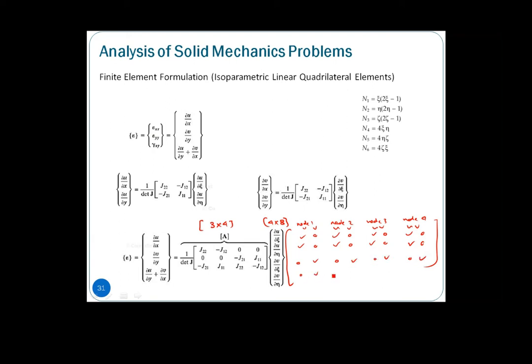Same with del V, del eta. So here basically gives us a 4 times 8 matrix. So 3 times 4, 4 times 8, basically gives us our epsilon equals B U, right? So this B is a 3 times 8 matrix.